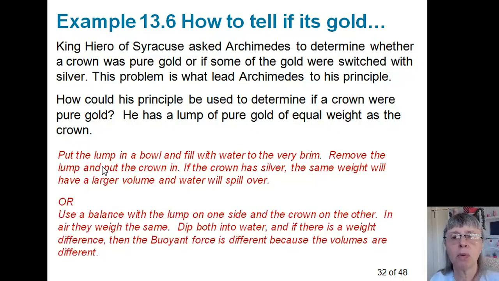The other method is to balance the weight exactly using a balance, because balances they certainly had 2,000 years ago. So if you use something, and you balance the 1 kilogram of gold here, and it exactly balances the crown or the object on the other side. And then, so this is in air.